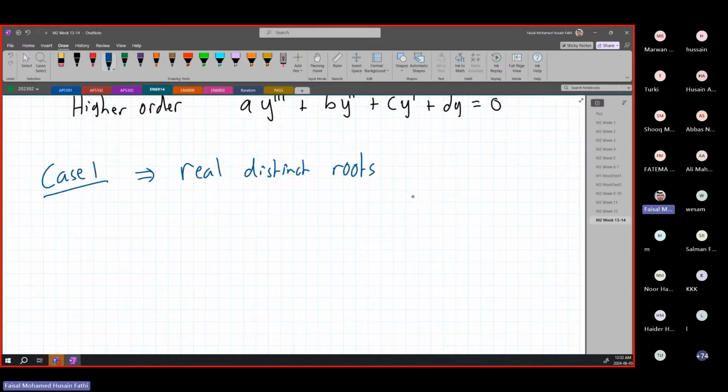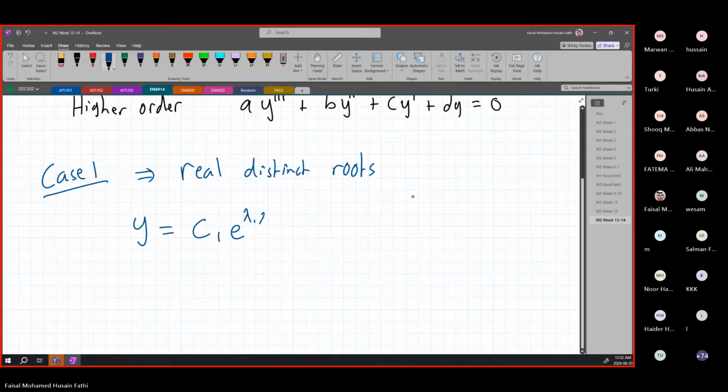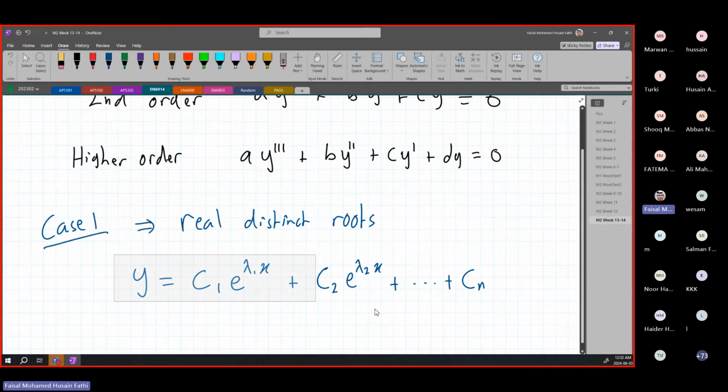You're going to have y equal to c1 e to the power of lambda 1 x. Because usually you use lambda for the solution here. You can use r, m, whatever, but we'll keep it lambda. Plus c2 e to the lambda 2 x plus c3 plus c4 up to cn, depending on how many real roots you're going to have.